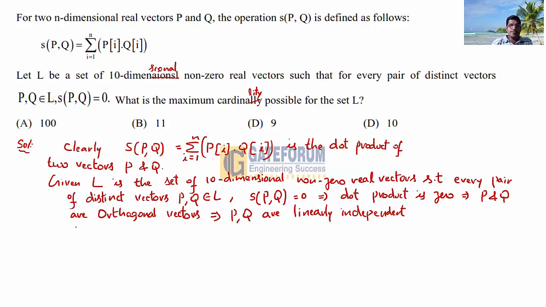That means L is a set of non-zero orthogonal vectors.